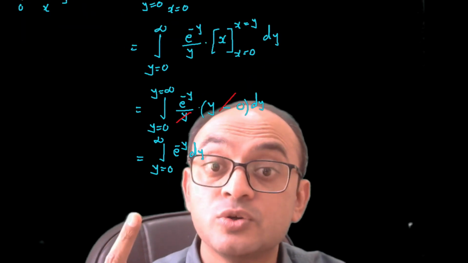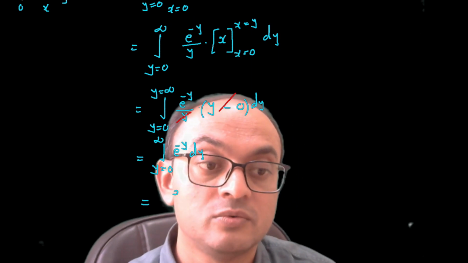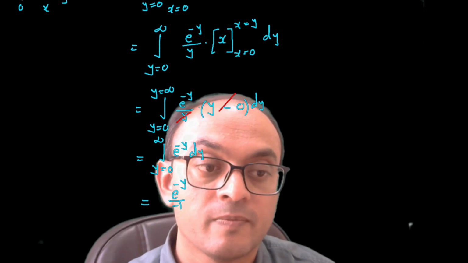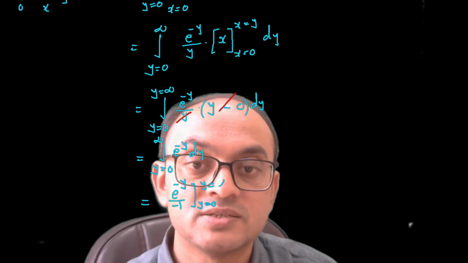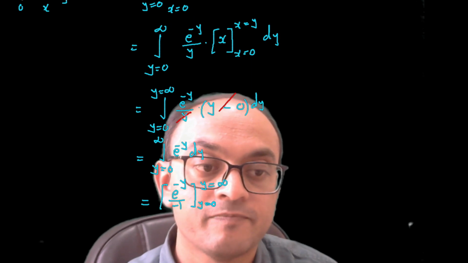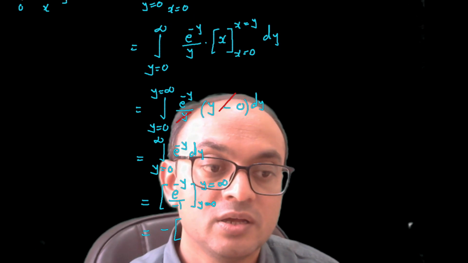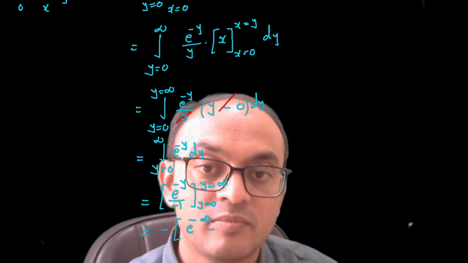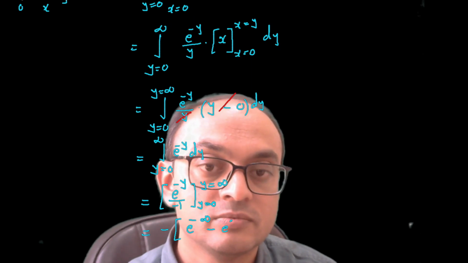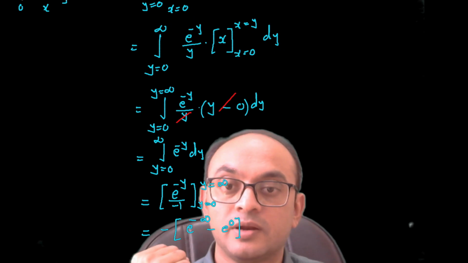Now what is the integration of e raised to minus y? This is equal to e raised to minus y upon minus 1 from y is equal to 0 to y is equal to infinity. So this is equal to minus sign, take it outside, y equal to infinity, so this is e raised to minus infinity minus e raised to 0. Right.